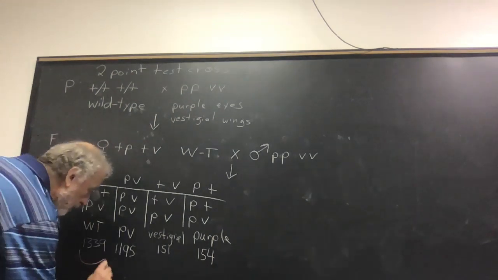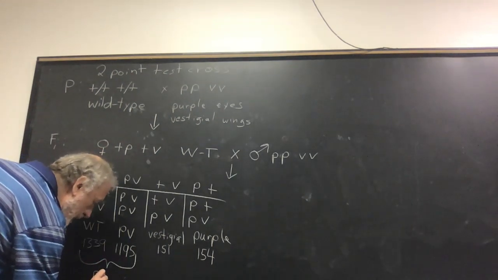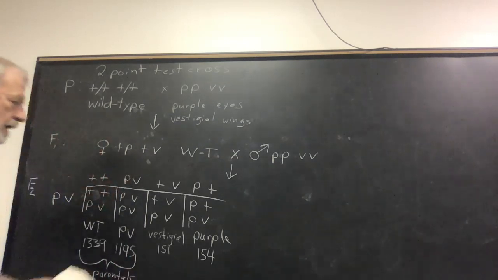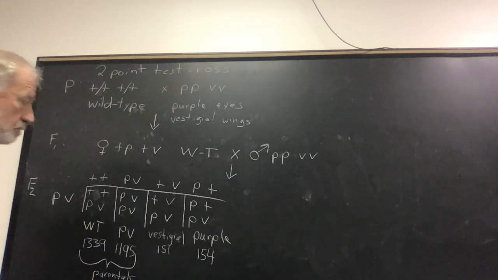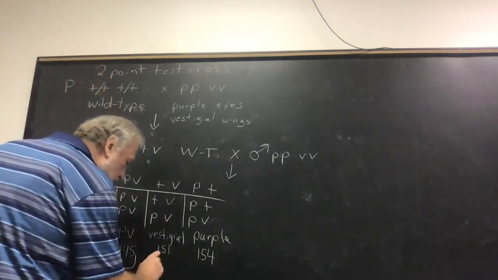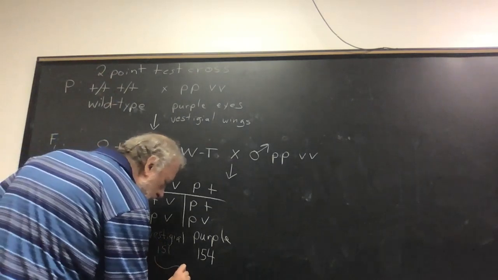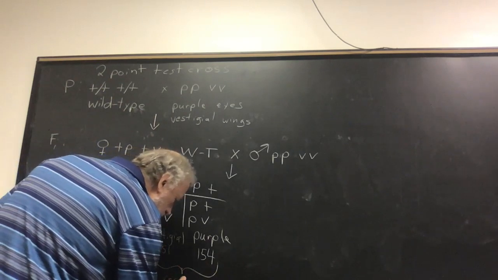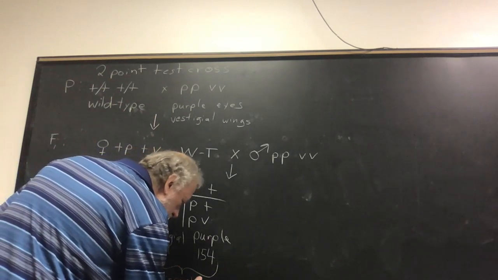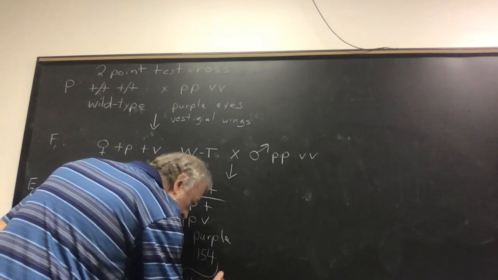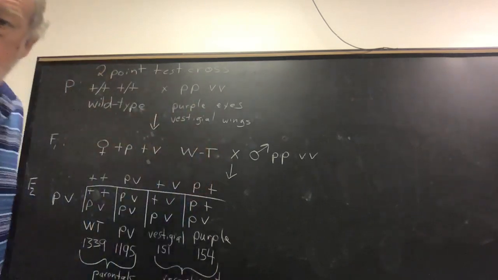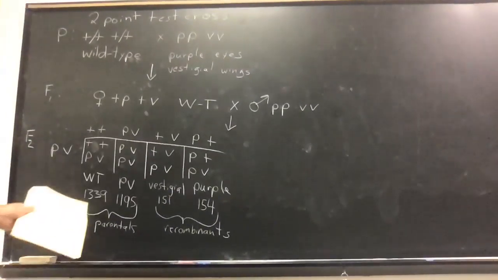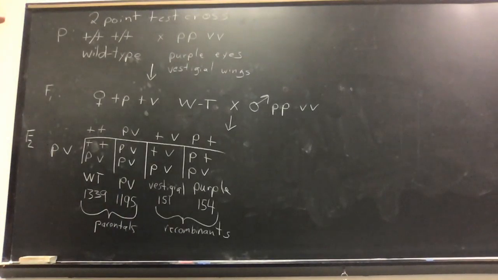These are called the parentals. Vestigial and purple are in smaller numbers, so they resulted from a crossover, and these are called the recombinants. So parentals in high numbers, recombinants in lower numbers.